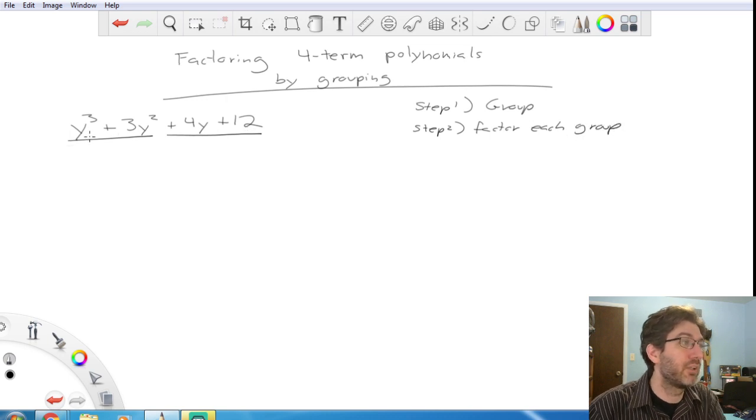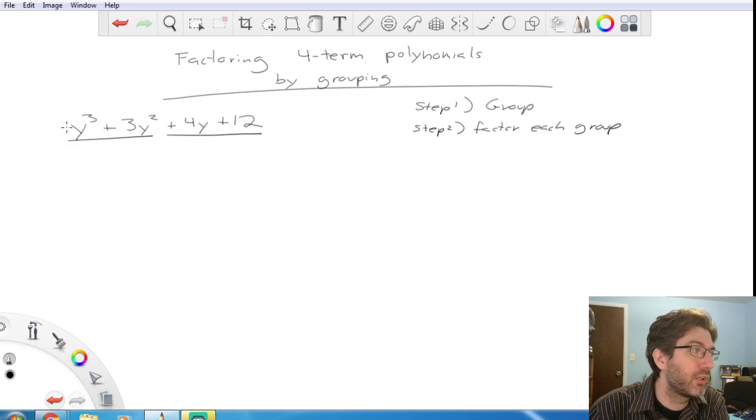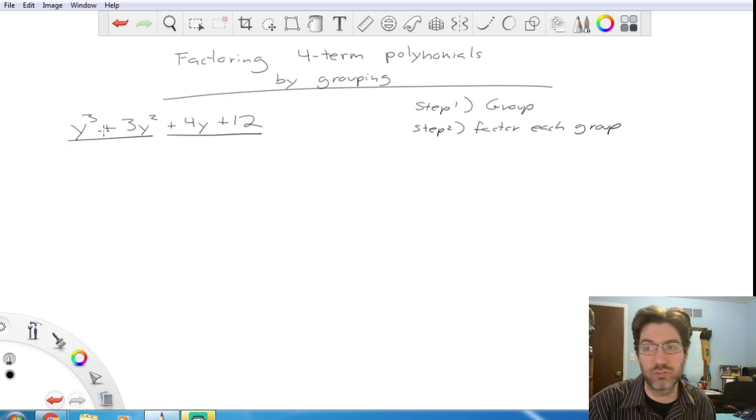And this is going to be the kind of factoring where you look at it, okay, what can I divide out of both of these terms? This is y cubed and this is 3y squared. What common factors do they share? Well, this one doesn't have any number except for 1, so they're not going to share any numbers, because if I divide by 1 it doesn't change anything. But they both share a y squared, so I'm going to divide each of these by y squared.